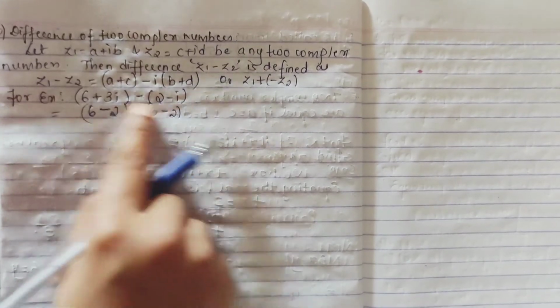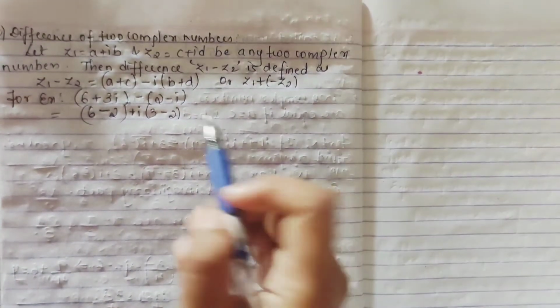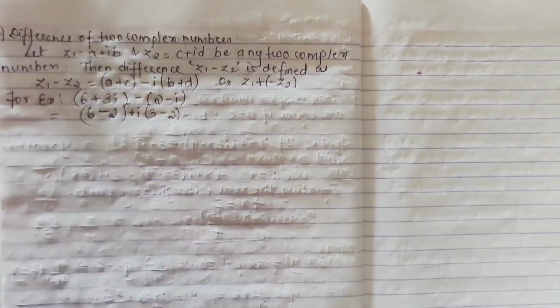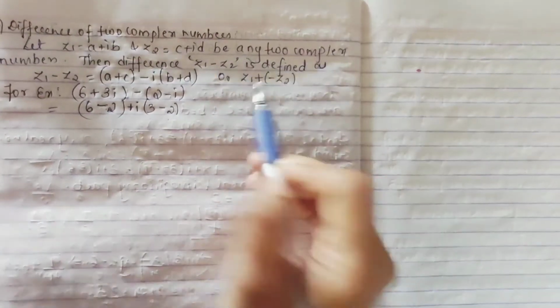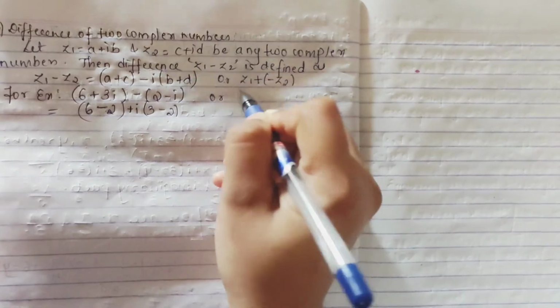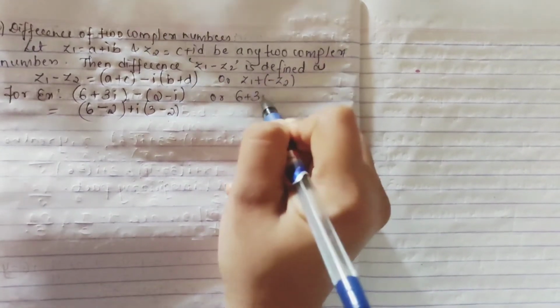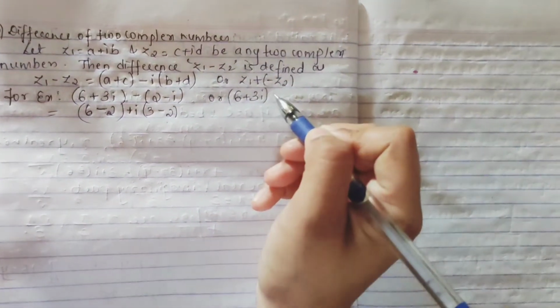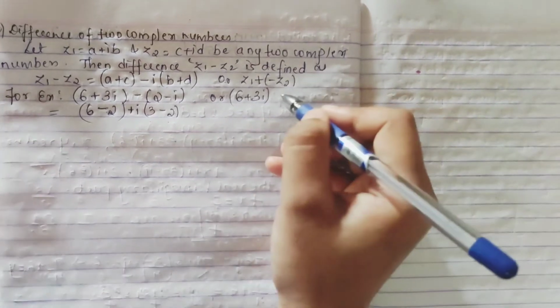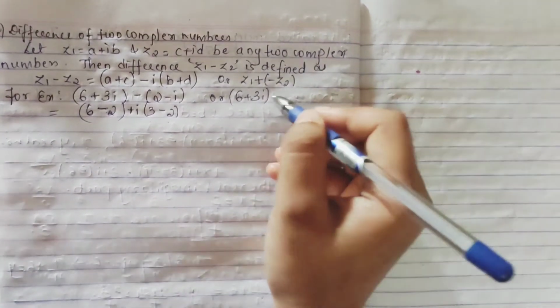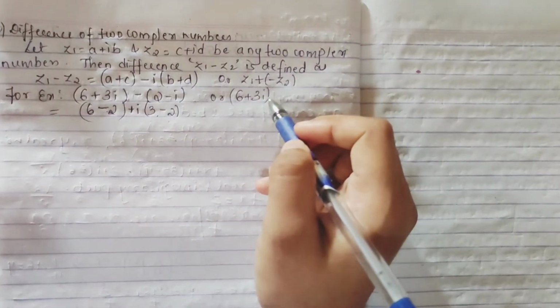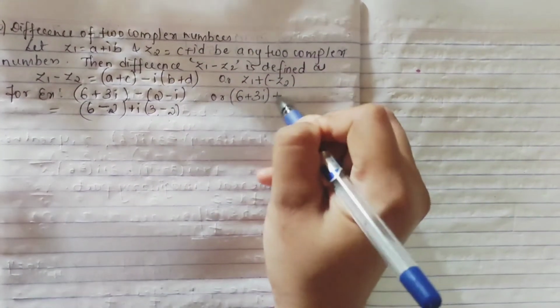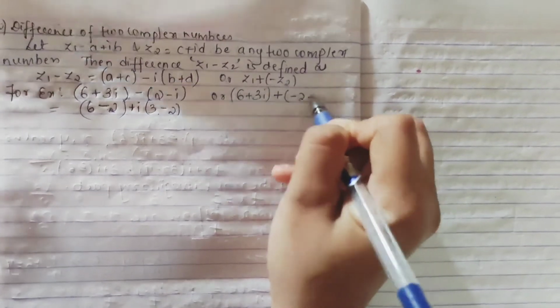This is the same as what I have written. In this form it will be written as 6 plus 3i, then plus of minus 2 plus i.